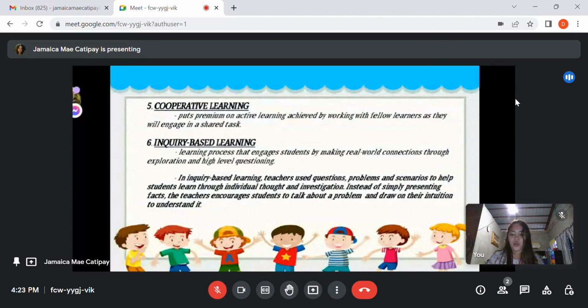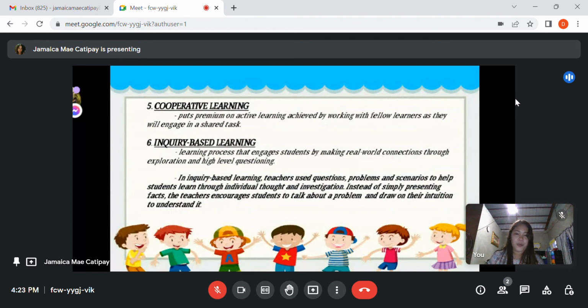Aside from that, by being cooperative with your group, you can build friendships or other relationships. What a group of students can do together is more than what students can do separately.